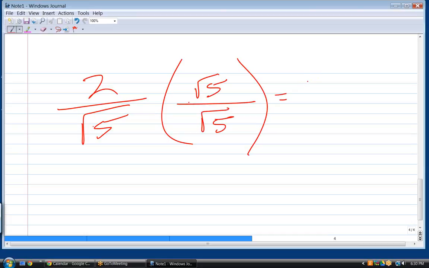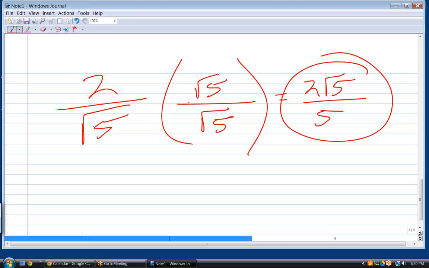You have the square root of 10, right? No, because you would if there was a square root over that, but there isn't. So it's just 2 square roots of 5. That's what the top multiplies together to. What's the bottom multiply together to? 5. And there's your answer. And it's rationalized.